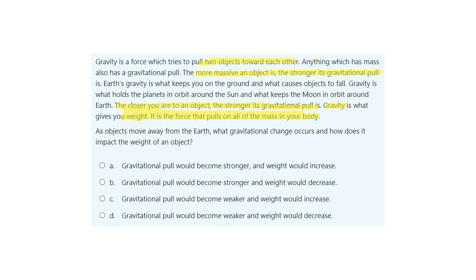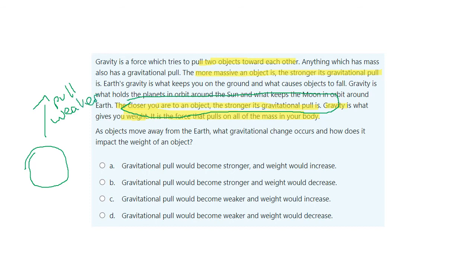And how does that impact the weight of an object? Well, the first thing to see is that when you are close to an object, the gravitational pull is stronger. So if you're on Earth and you start to move away from the Earth, the pull will get weaker.